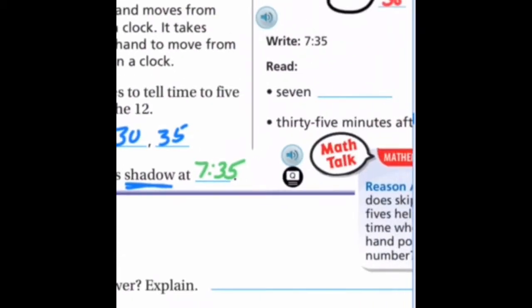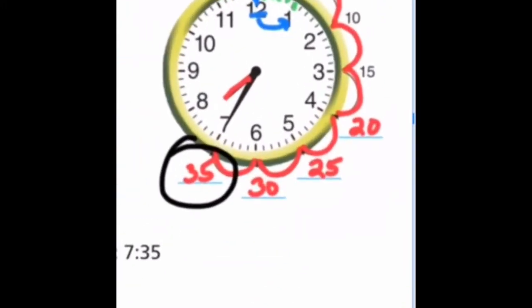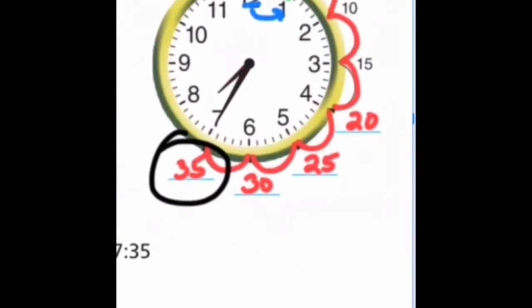Okay. Now, there is one area where it gets a little tricky sometimes, and that's when the minute hand is pointing up to the top of the hour, then your hour hand, for example, might be looking like it's pointing right at the 10, but you have to use some kind of common sense. If you see the minute hand here, you know it's just a couple minutes away from hitting the next hour.